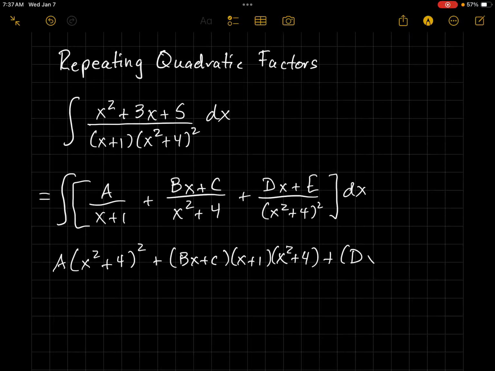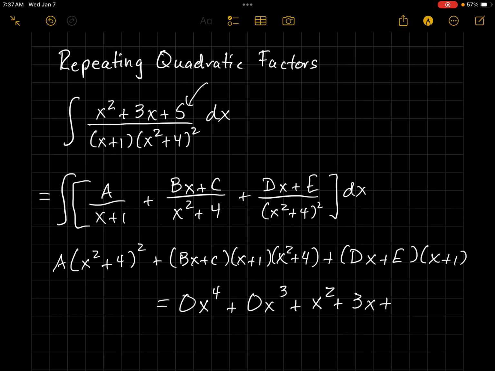And then the dx plus e is missing the x plus 1. After multiplying all that out, I would set it equal to the numerator of the original. Just because I worked ahead, I know I would need a 0x to the 4th, a 0x cubed, plus 1x squared, plus 3x plus 5.